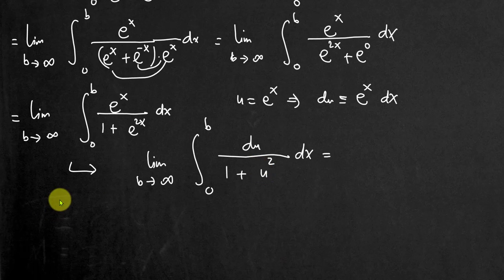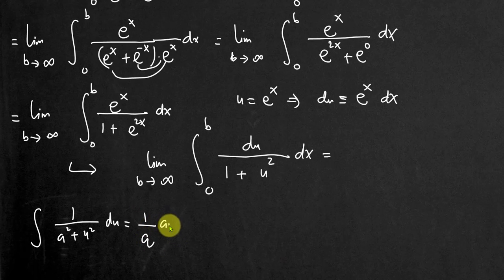If you recall, we have the basic formula for the inverse tangent: the integral of 1 over a squared plus u squared du is equal to 1 over a times arctangent of u over a, plus c.